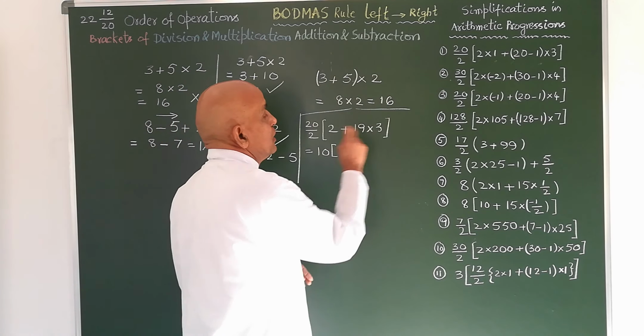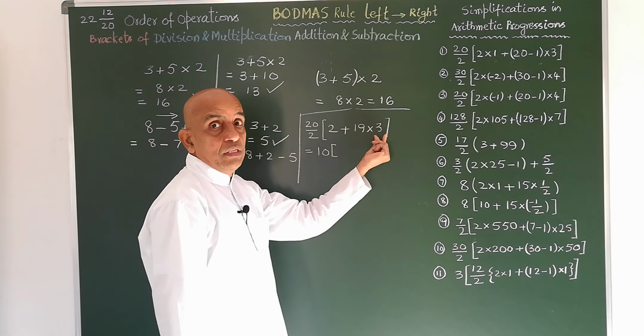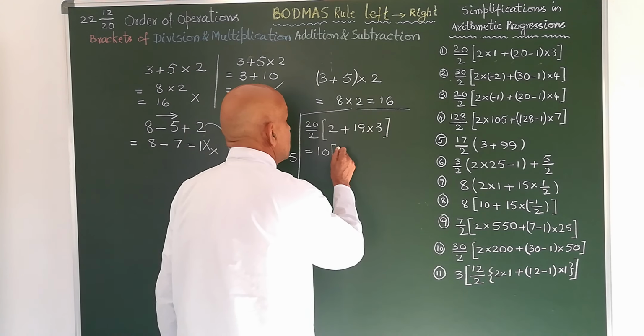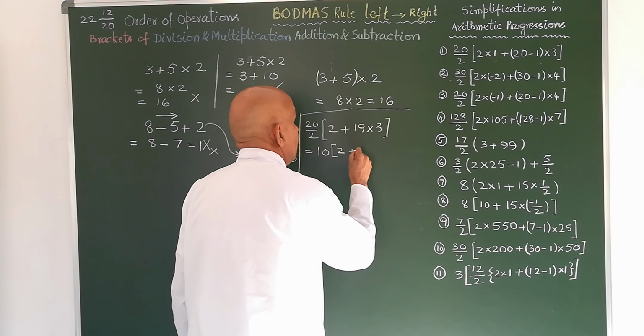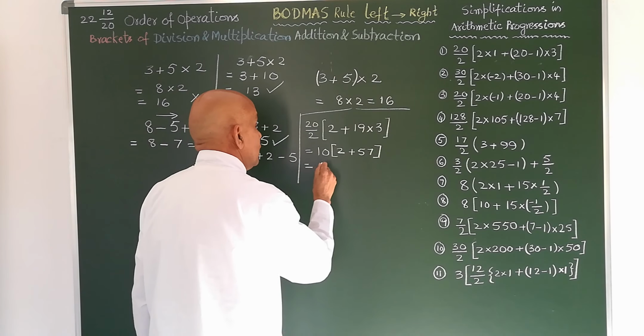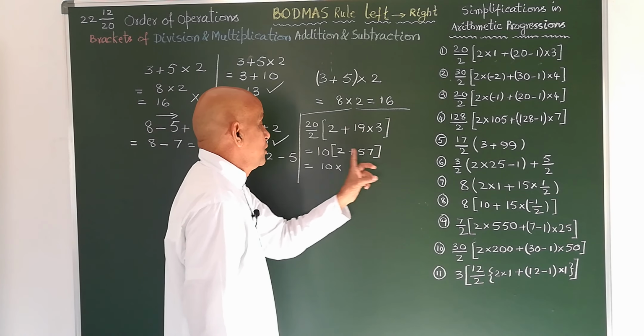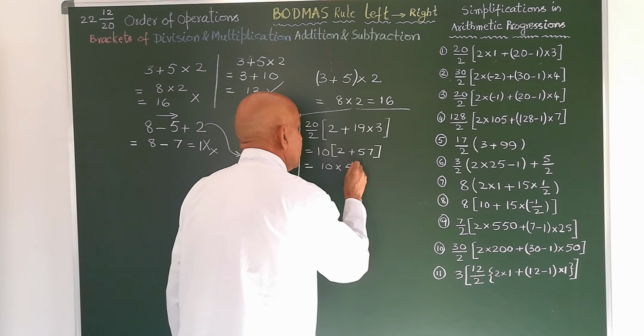So 10 3s are 30, 9 3s are 27, 30 plus 27, 57. 2 plus 57. And this is 10 into, now within the bracket, 57 plus 2 is 59.